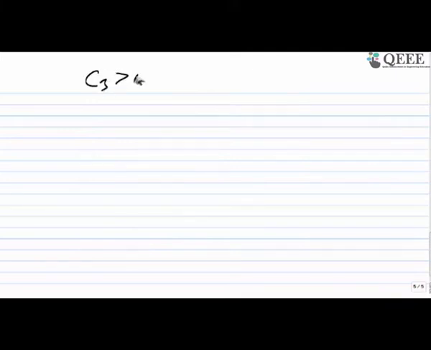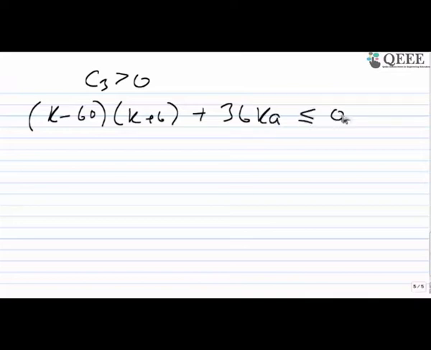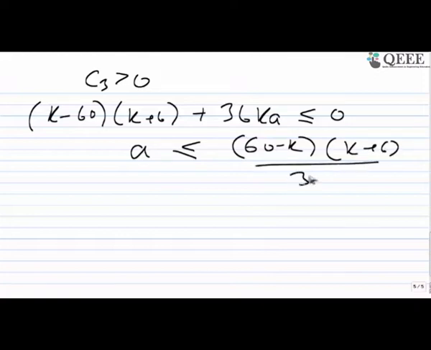C3 should also be greater than or equal to 0, which reads k minus 60 times k plus 6 plus 36Ka, which should be less than or equal to 0. After simplifying this, it gives me A should be less than or equal to 60 minus k times k plus 6 over 36k. So I have this condition which says that k should be less than 60 and A should be less than or equal to this function, which is a function of k.